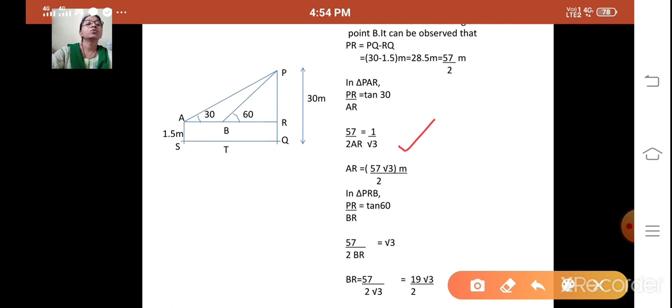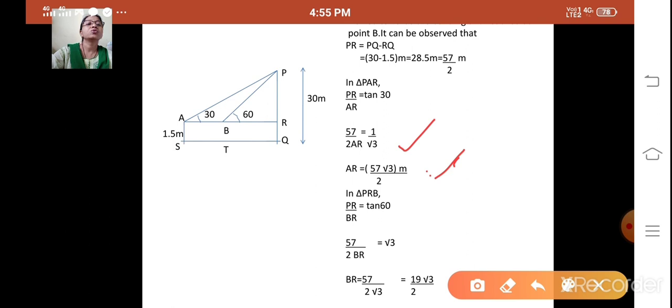Right. Now cross multiply. On cross multiplication, you will get the value of AR as 57 into root 3 divided by 2 meters. So this one. Now come to triangle PRB. Again a right angle triangle. You take tan of 60 degree now. Opposite side PR upon BR.